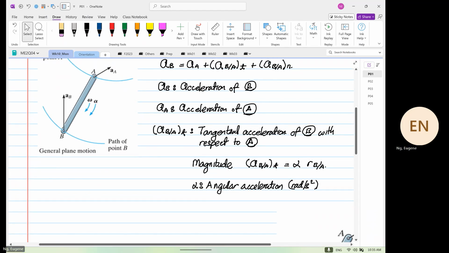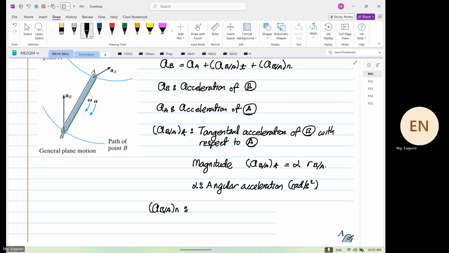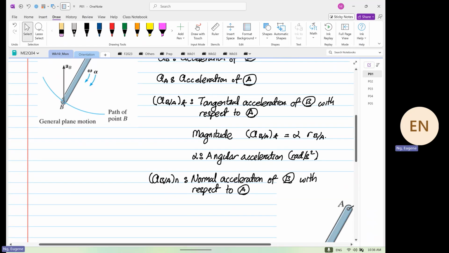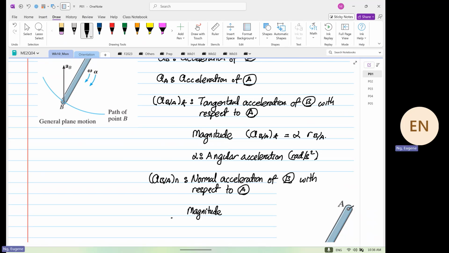And then the other term, where you have acceleration of point B relative to point A, N. So the N denotes the normal acceleration of point B with respect to point A. And then its magnitude can be computed or calculated, and you have seen this before.